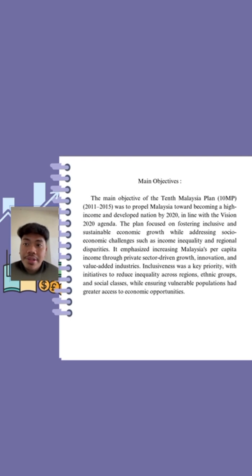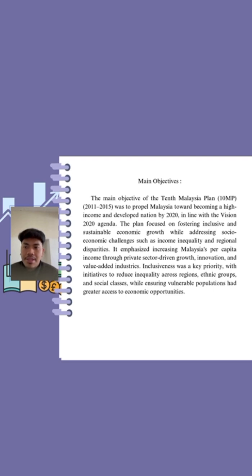I will explain the main objective of the 10th Malaysia Plan, which was implemented from 2011 until 2015, to propel Malaysia toward becoming a high-income and developed nation by 2020. In line with the Vision 2020 agenda, the plan focused on fostering inclusive and sustainable economic growth while addressing socio-economic challenges such as income inequality and regional disparities.